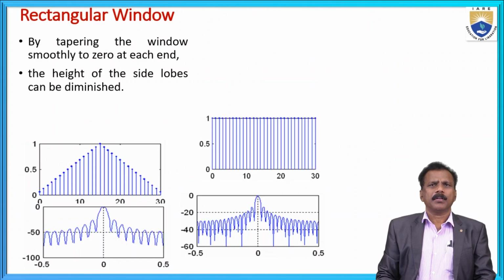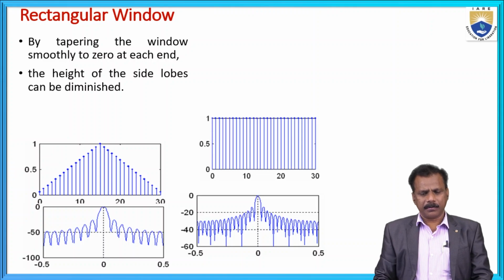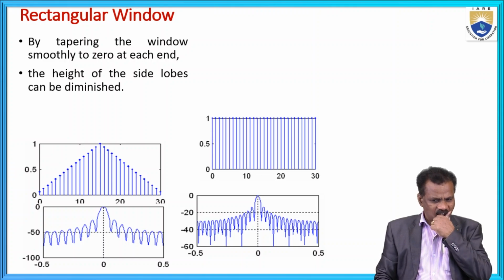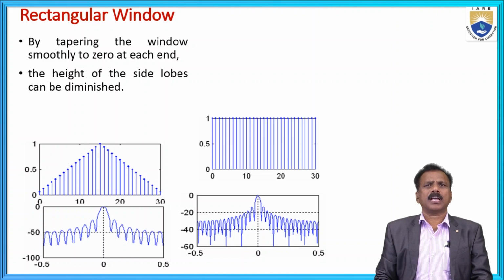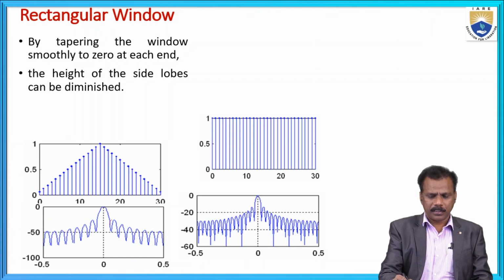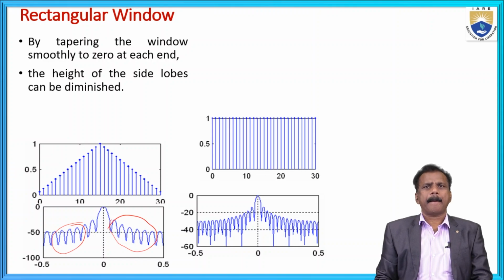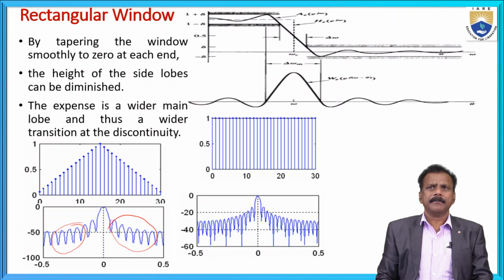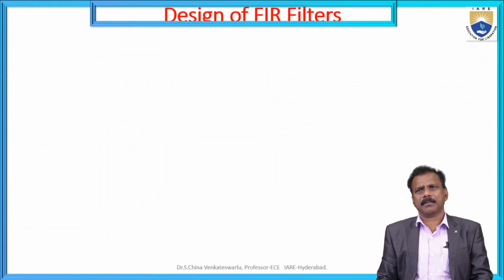By tapering this window smoothly to 0 at each end, the height of the side lobes can be diminished. The expense is a wider main lobe and thus a wider transition at the discontinuities, like this, to verify.